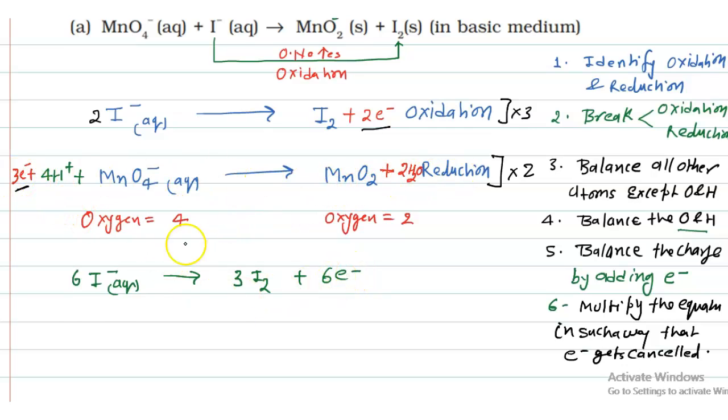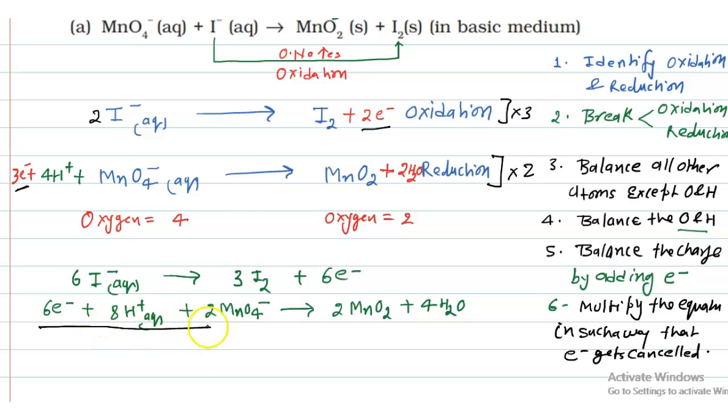When we multiply the reduction reaction by 2, we get 6 electrons plus 8H plus aqueous plus 2MnO4 minus gives 2MnO2 plus 4H2O. Now add both equations in such a way that the electrons are cancelled out.